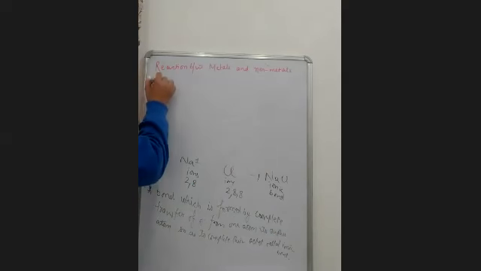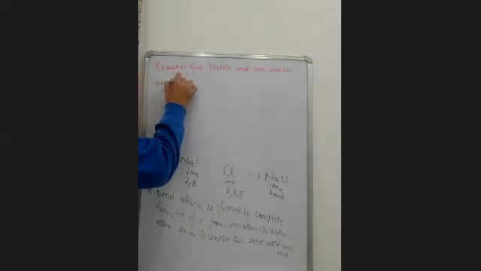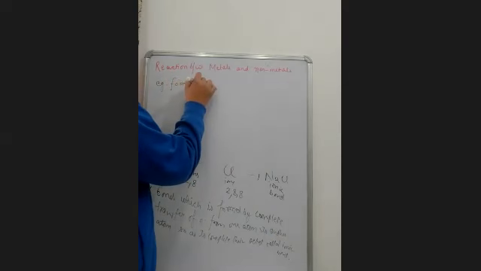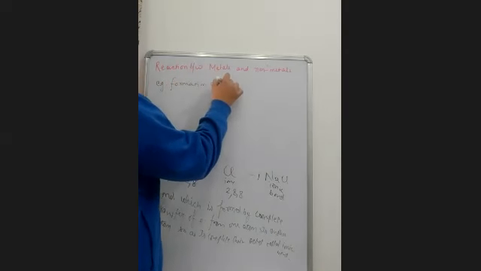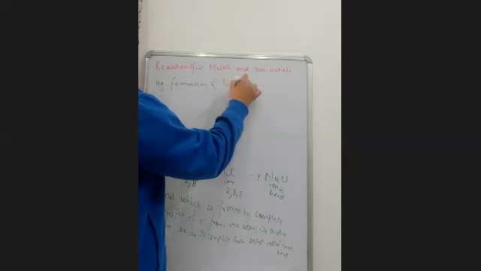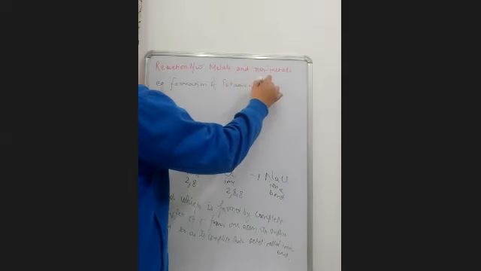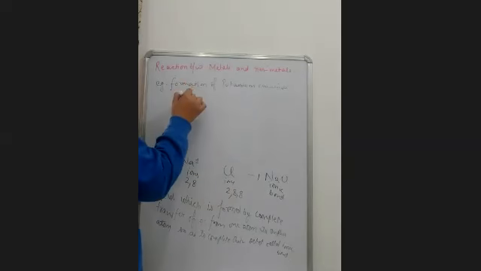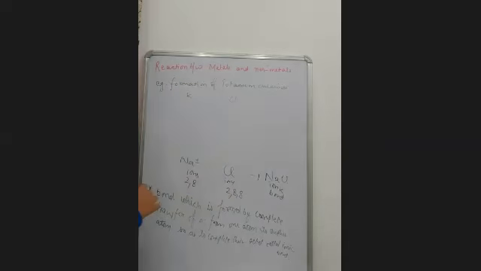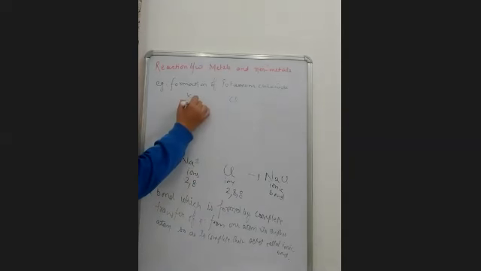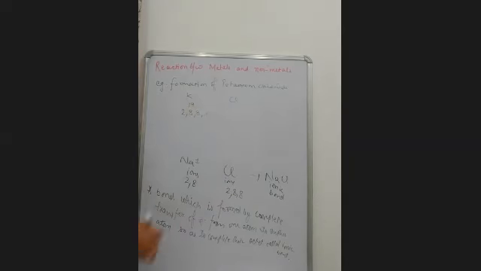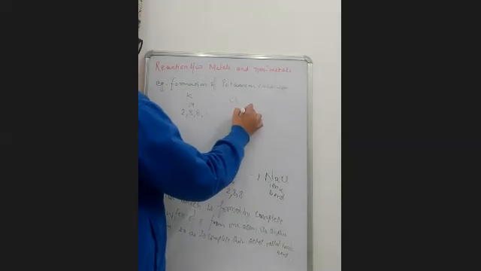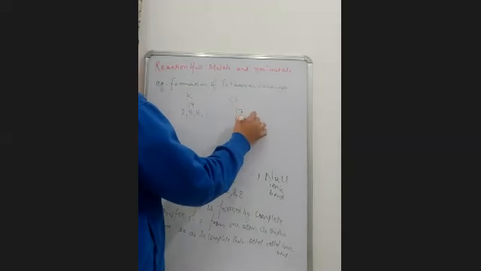The second example is formation of potassium chloride. Potassium, atomic number 19, configuration 2,8,8,1. And chloride, atomic number 17, 2,8,7.